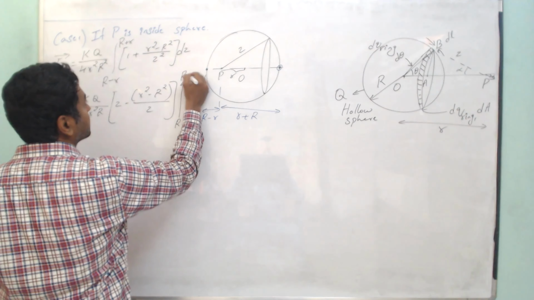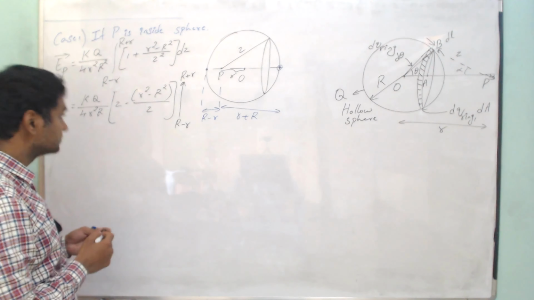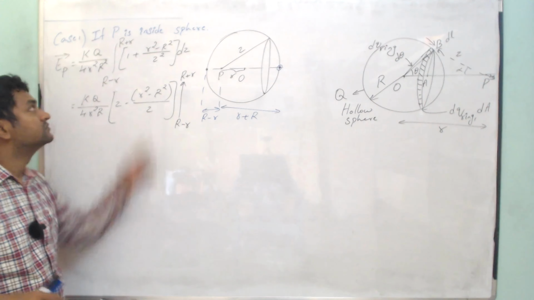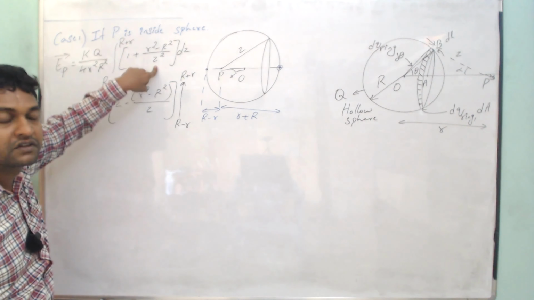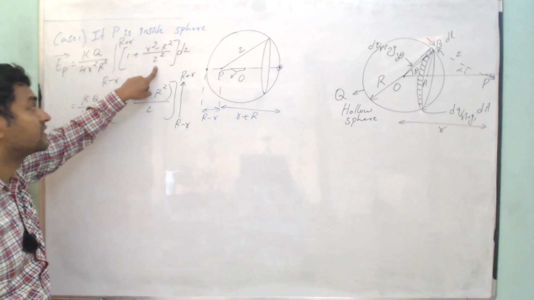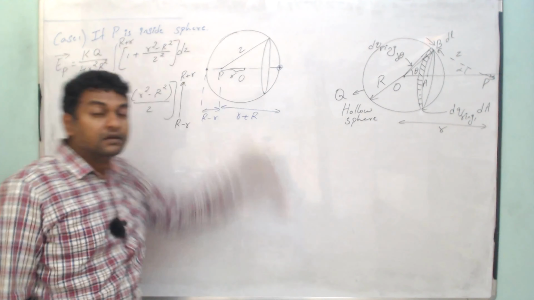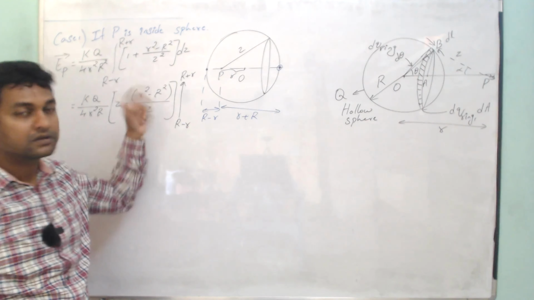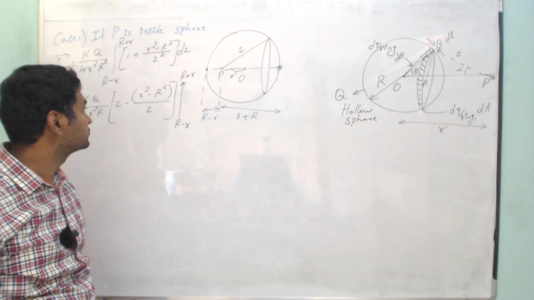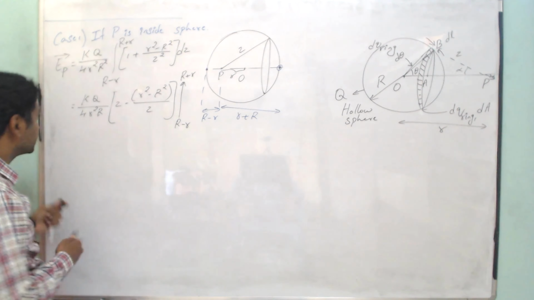Isn't it Z plus? I have a plus over here, and I will get a minus sign due to the integration. If you take that inside, you have capital R minus small r, R square. We can write it like that also.